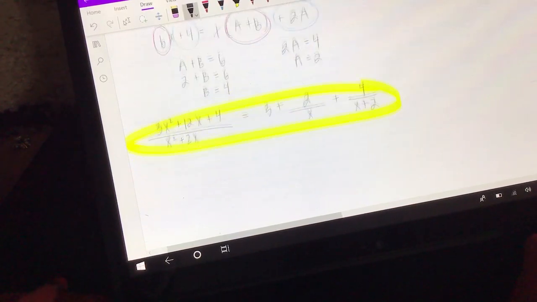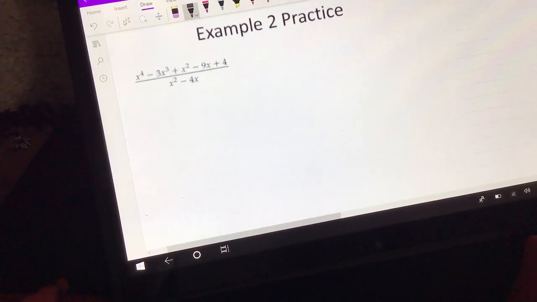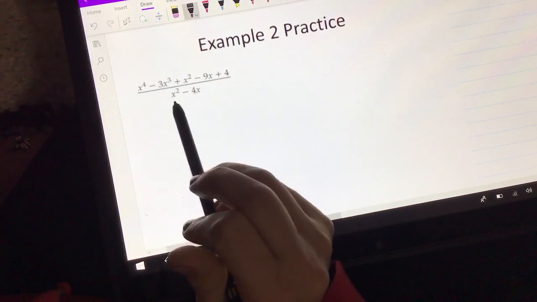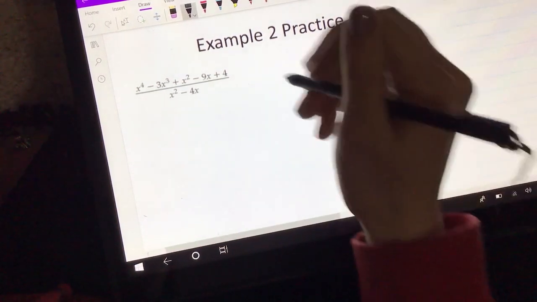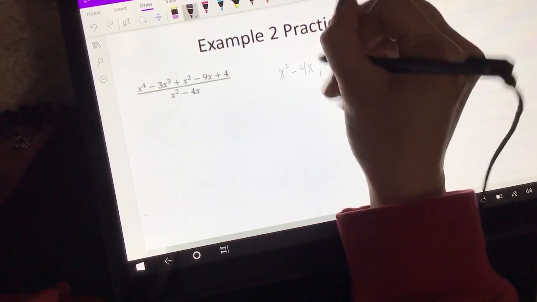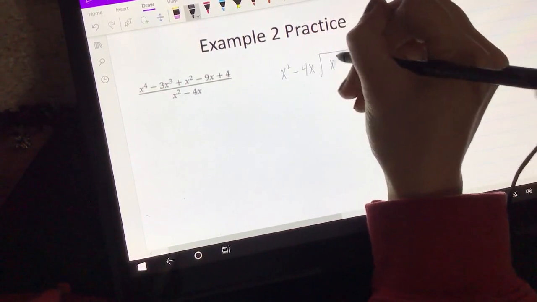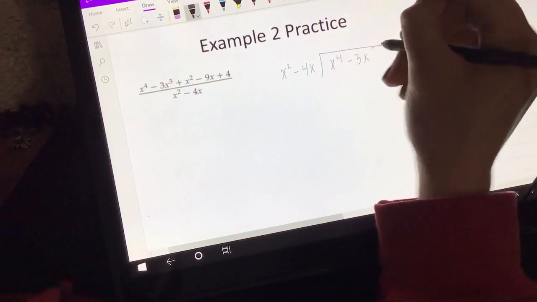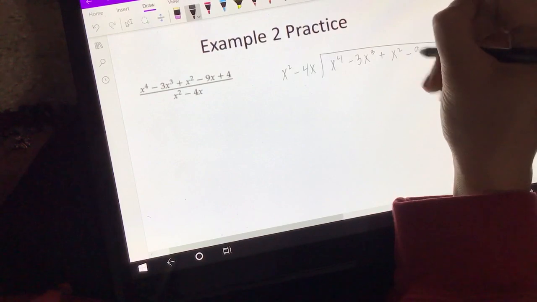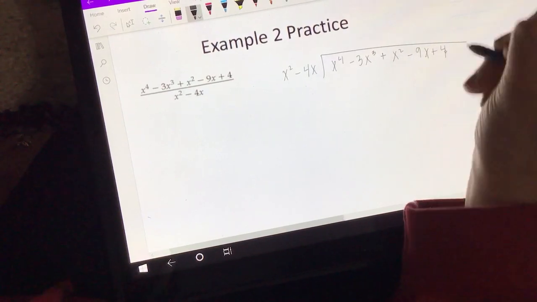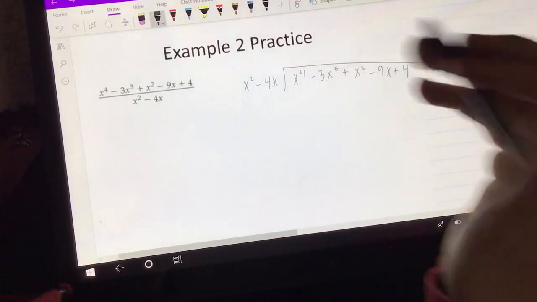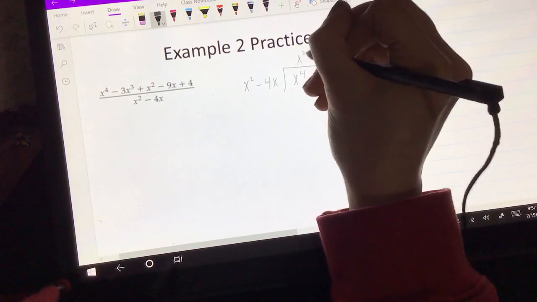Okay, last one. This is definitely an improper fraction. The numerator has a higher power than the denominator. So divide it out. Make sure all powers are represented. In this case, they are, so we're good. Okay, x to the 4th divided by x squared leaves us with x squared.